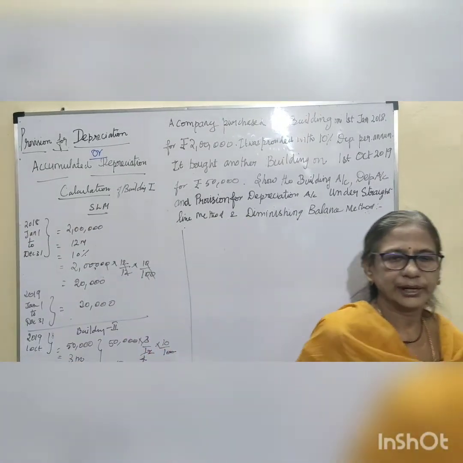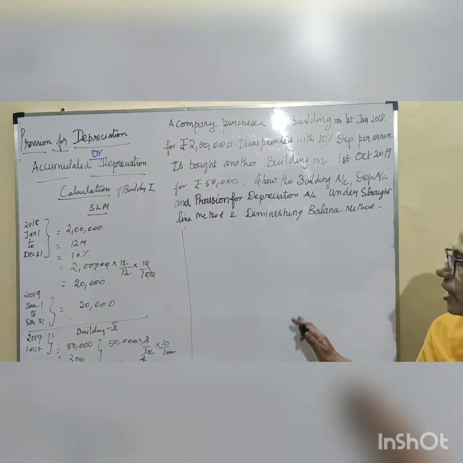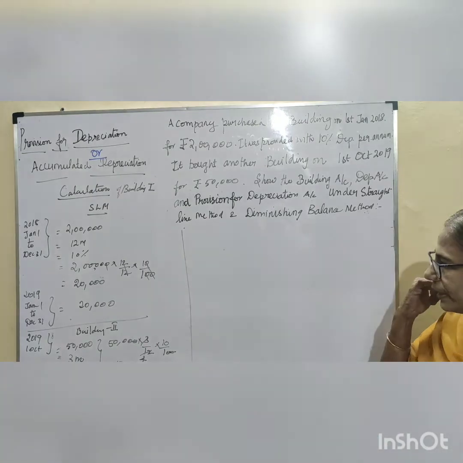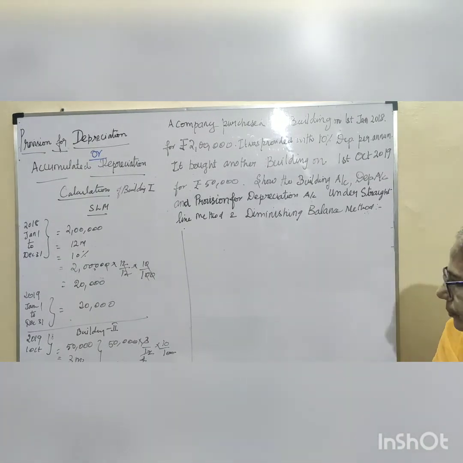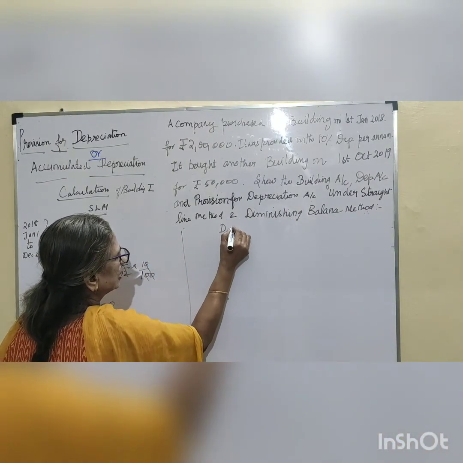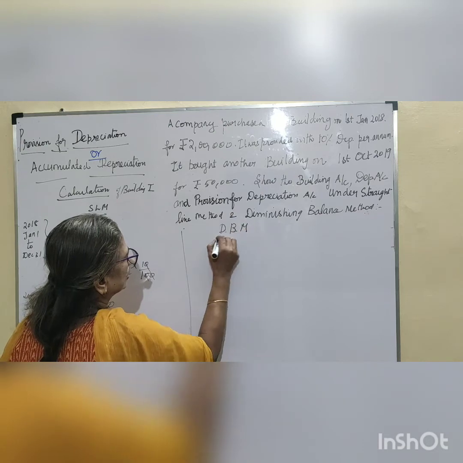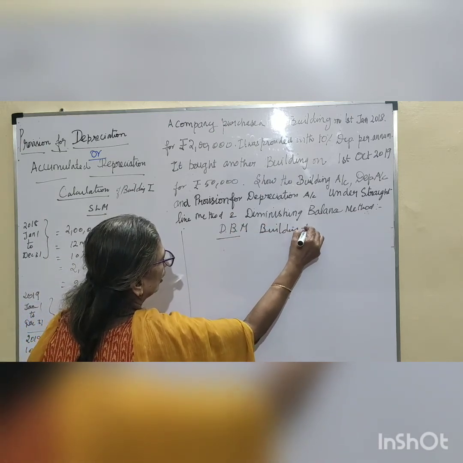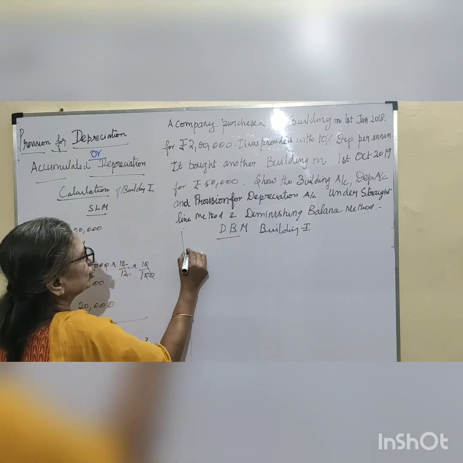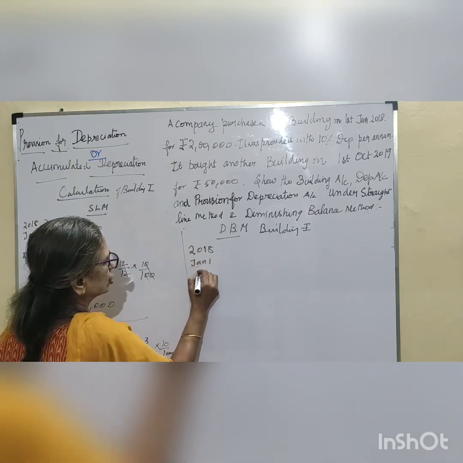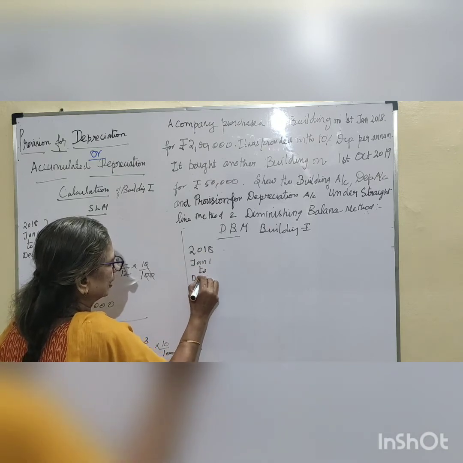Let us calculate the depreciation of the building under the diminishing balance method. So building 1, under diminishing balance method, 2018 January 1st to December 31st.